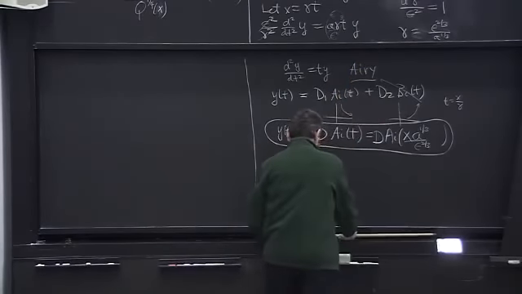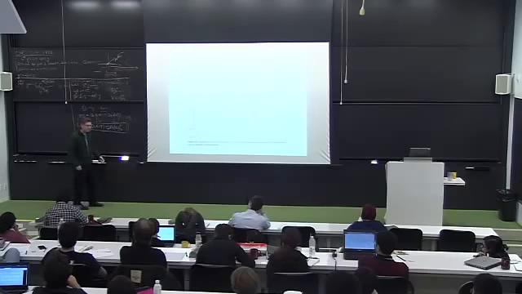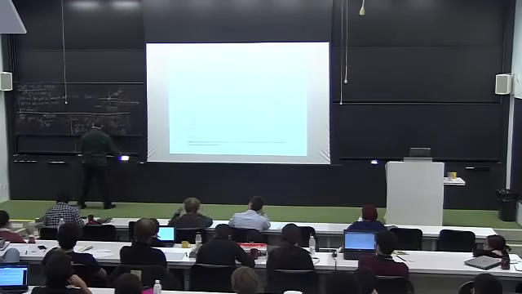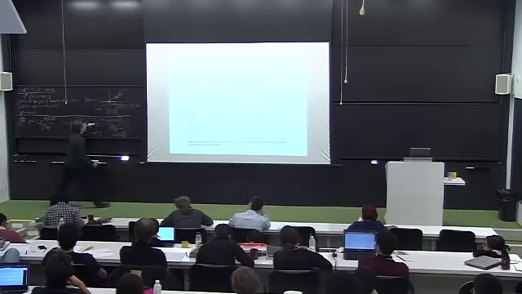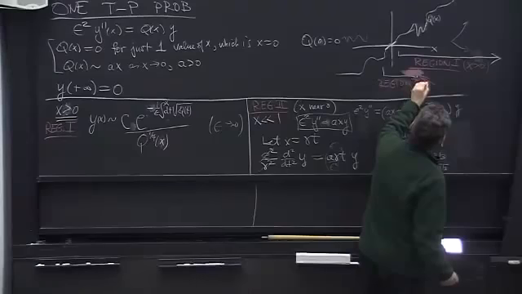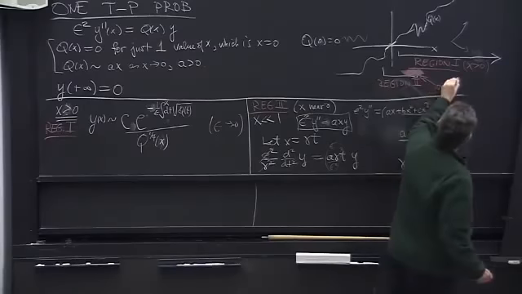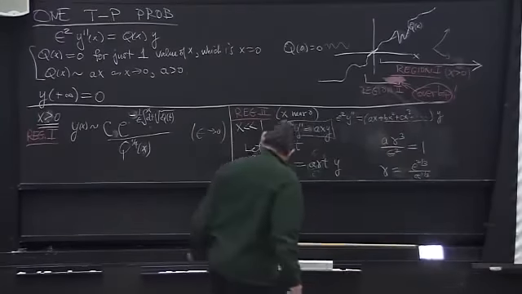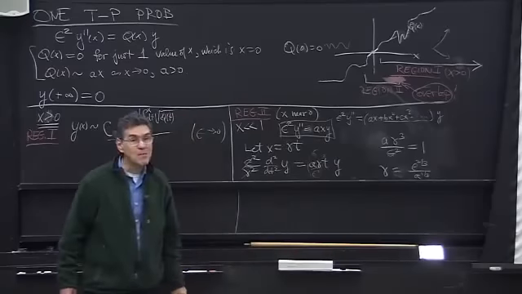So I want you to notice right here, I've drawn this in a very suggestive way. Right over here is an overlap. And in this overlap region, these two solutions should be the same.